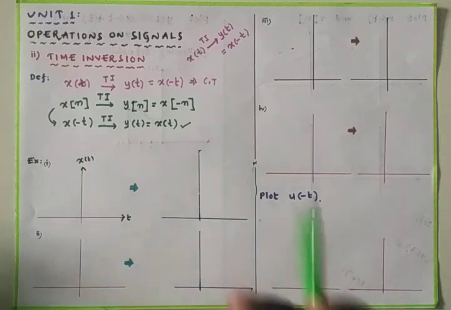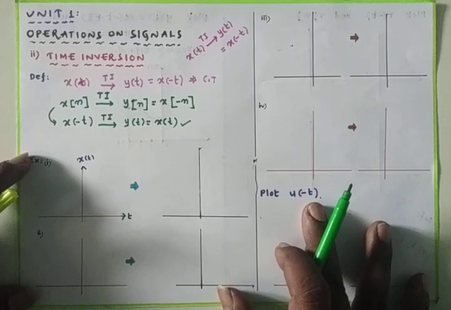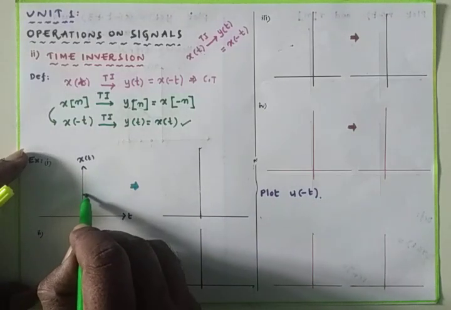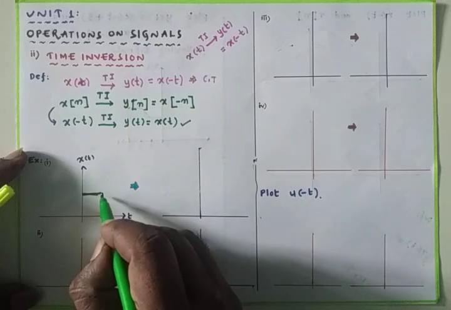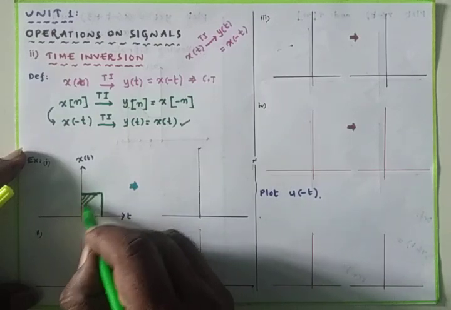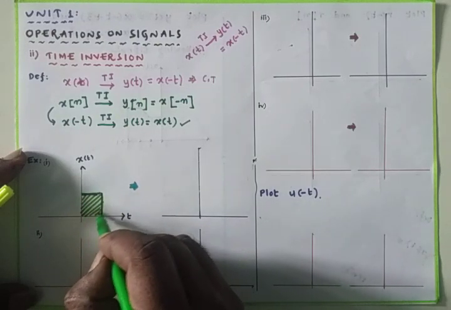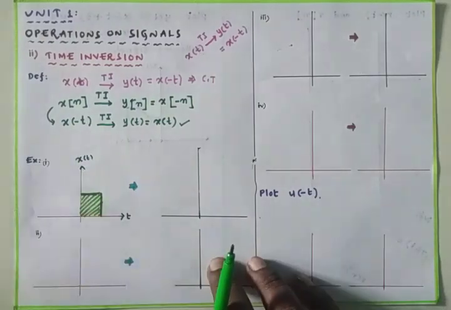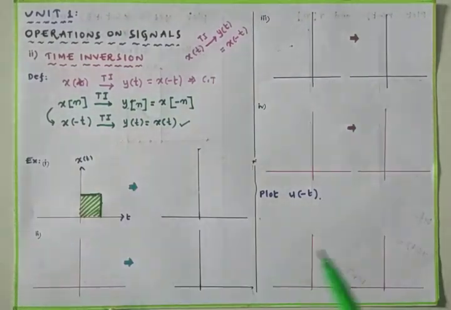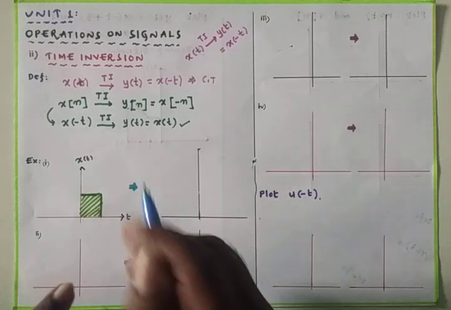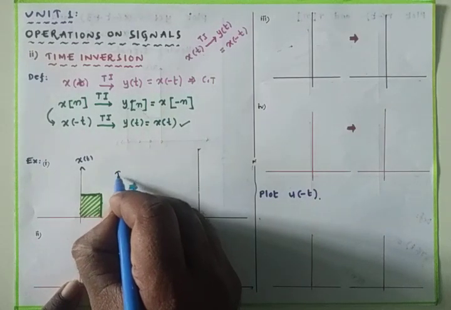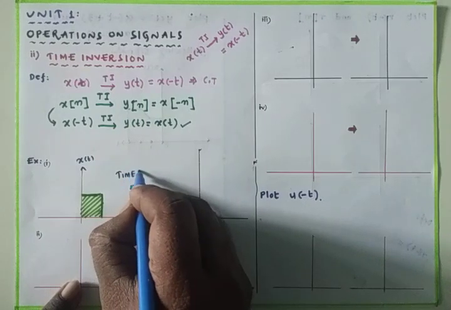So I am taking one particular example, a square signal. Assume that it is having only one square here. This is one particular signal. We are calling it x of t, on which we will be applying the time inversion operation.